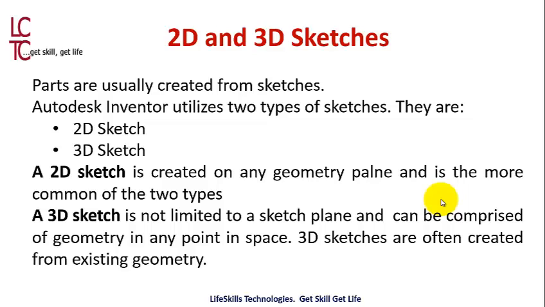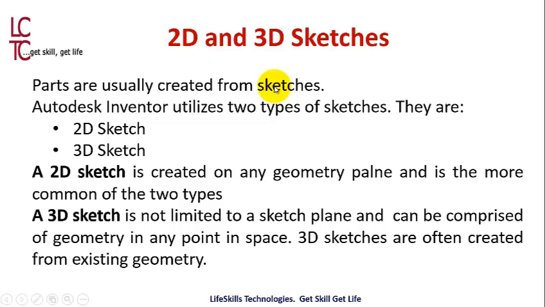Now before we continue, let me talk about 2D and 3D sketches. As you have already heard from me, parts are usually created from sketches. When you create a sketch, your sketch will be consumed by the parts. That is, you will need a sketch to create a part.